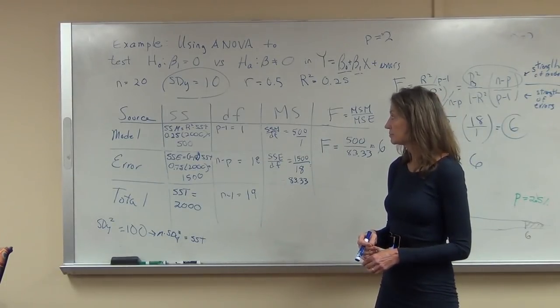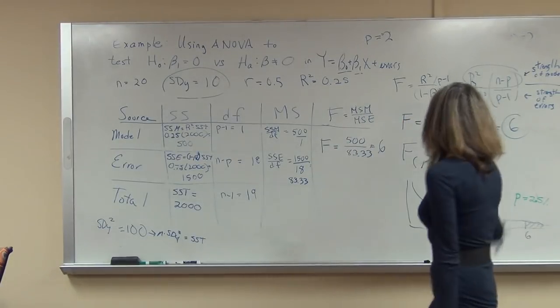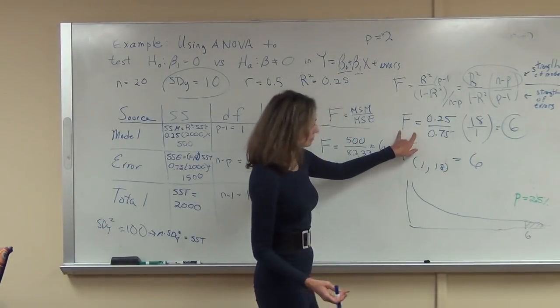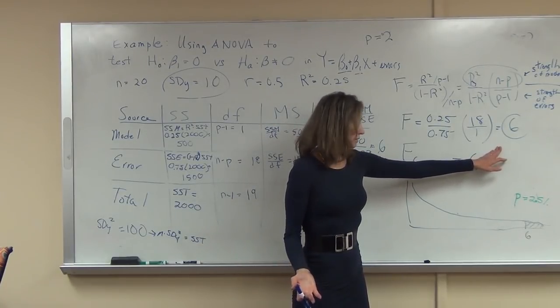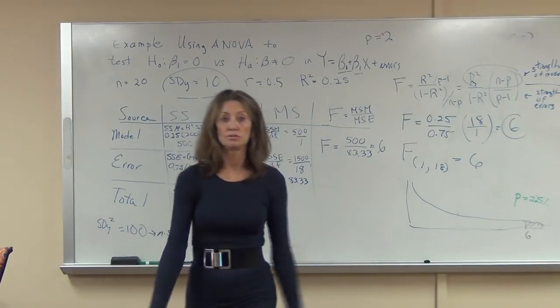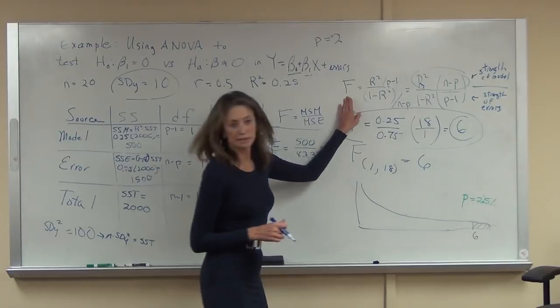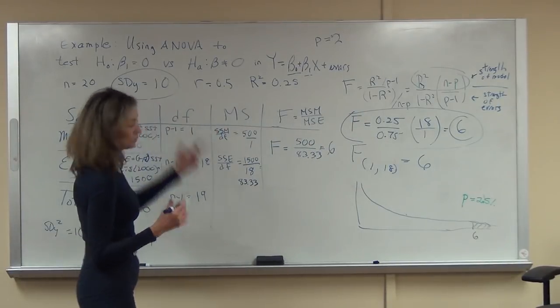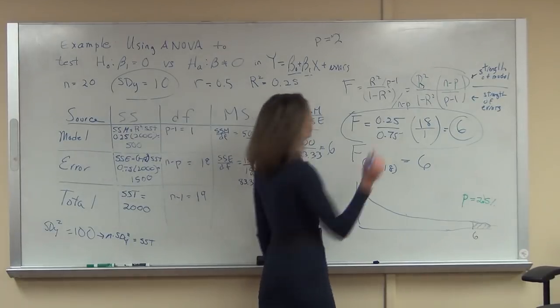Now, let's tie it together. You're probably thinking, well, she went through all this stuff to get a test statistic that we already could do using the t. So previously we could have tested a single slope here with the t statistic, and let's see how this F statistic compares to the t.